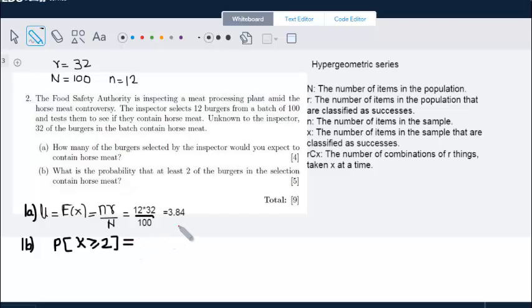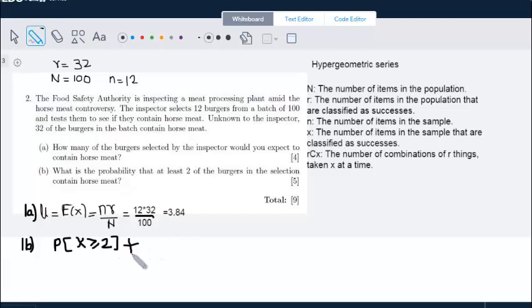But n is 12, so x can be 2, 3, 4, 5, 6, and it can go on up to 12. So we can use a trick over here. We know the total probability is equal to 1. I'll just rewrite the statement. We want only this term.